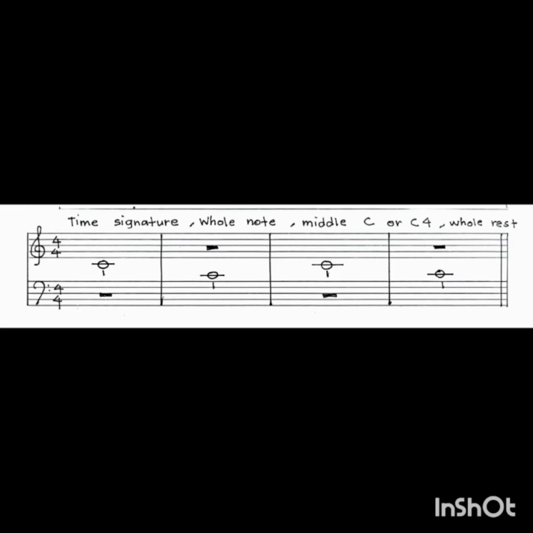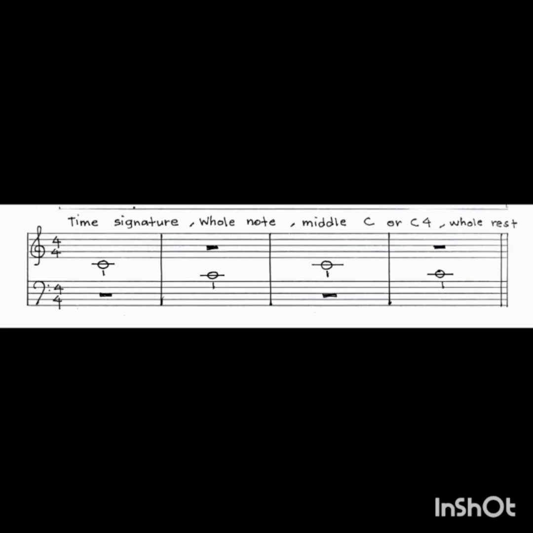Next, we're going to take a look at a full staff, complete with the treble staff and the bass staff and other elements. Here you see the time signature, which is 4/4. The number above tells us how many counts there are per measure.